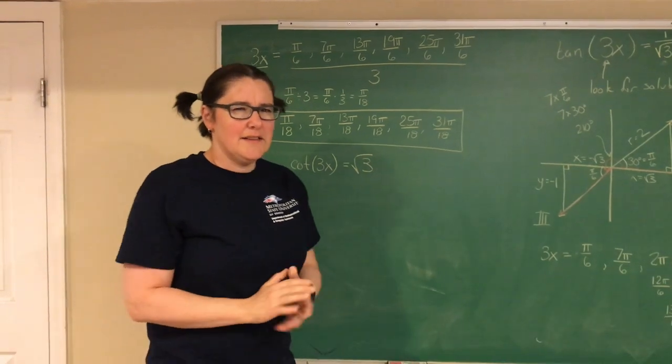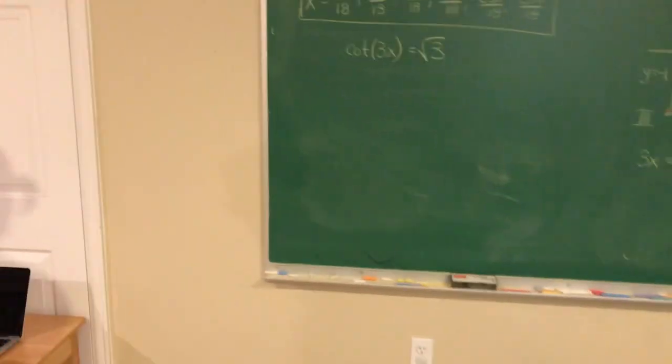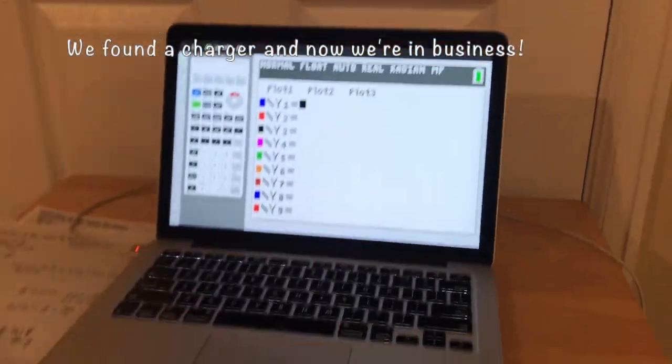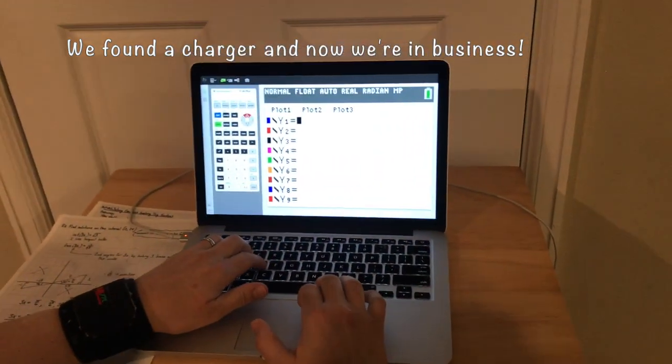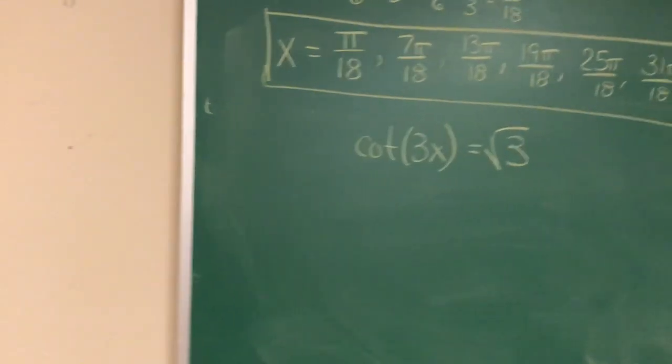Okay, so we've got all these angles. Let's do a sanity check on the graphing calculator. Uh-oh, the computer has died. Okay, so we want to do a sanity check on our 6 solutions, and our equation is cotangent of 3x equals square root of 3.